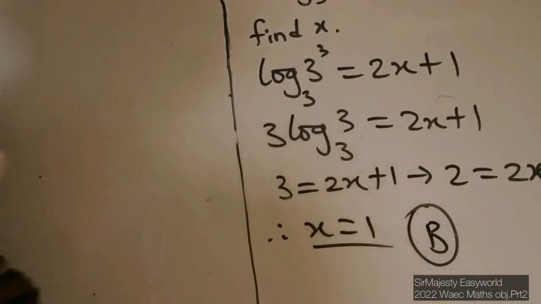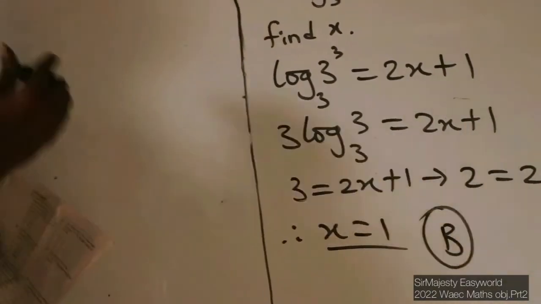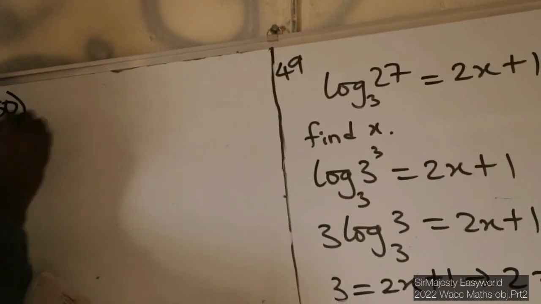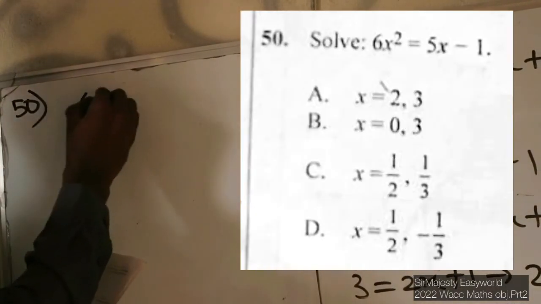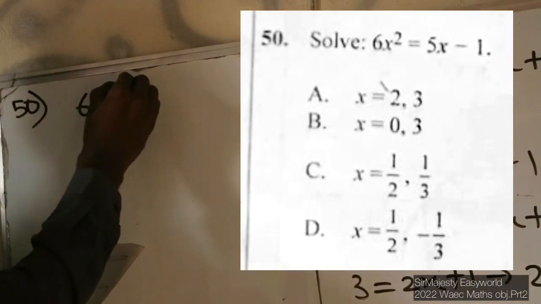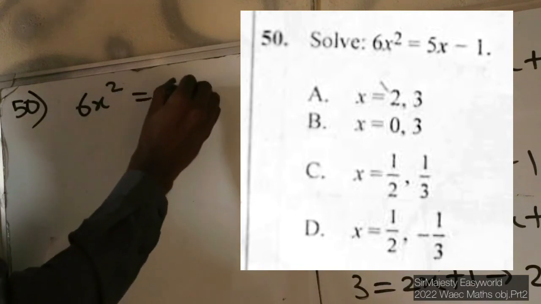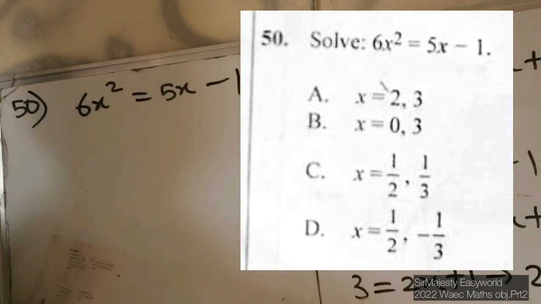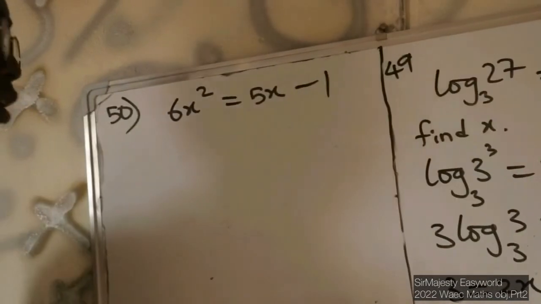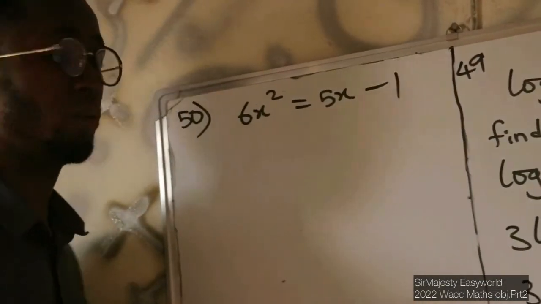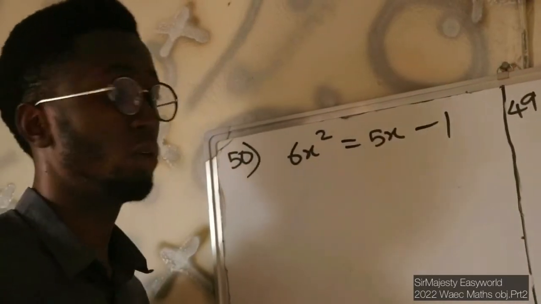And then finally, for the last one, that's number 50, it says solve 6x squared is equal to 5x minus 1. Of course, this is obviously a quadratic equation. So to solve this, we'll have to rearrange it so that the right hand side is equal to 0.